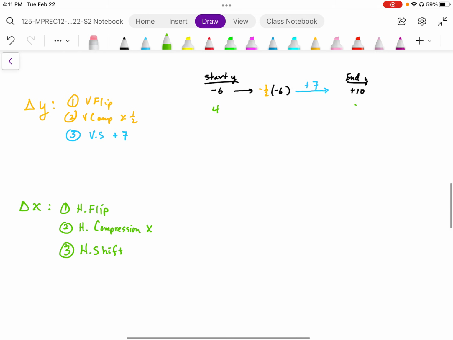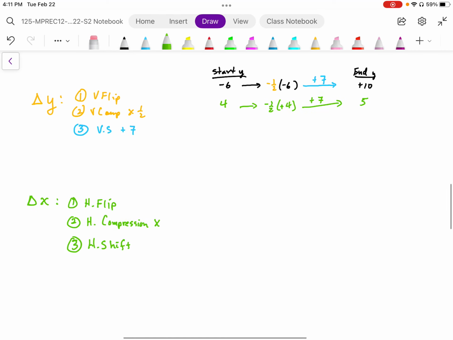So if I do the same transformation, negative 1/2 times positive 4, that's going to give me negative 2. Negative 2 plus 7 gives me positive 5. So it gets me to the right position. So that's going to be the correct transformation.